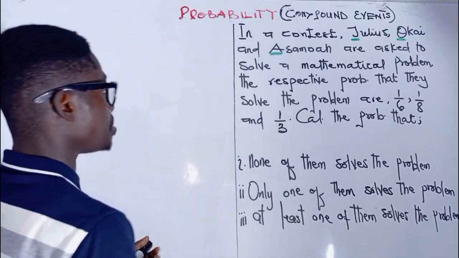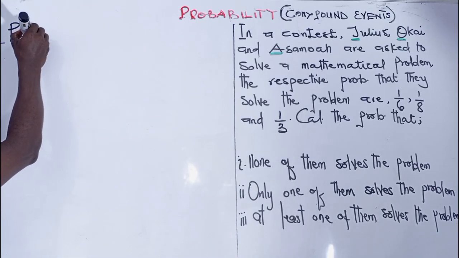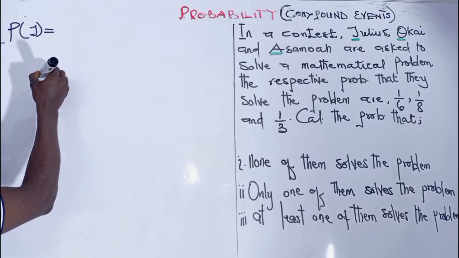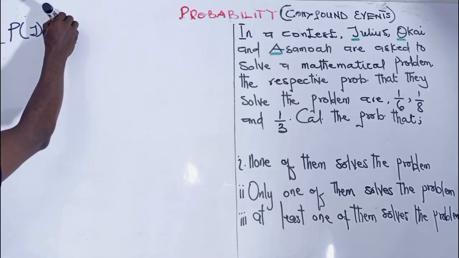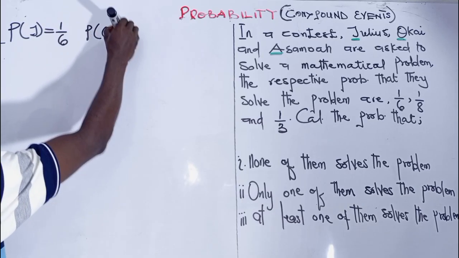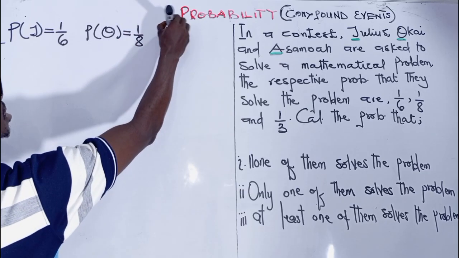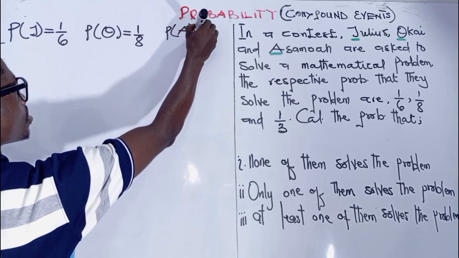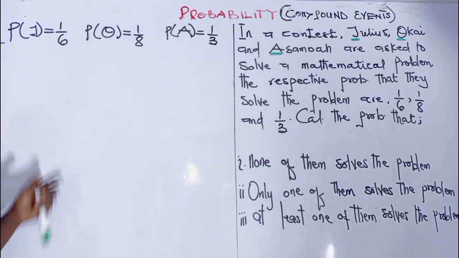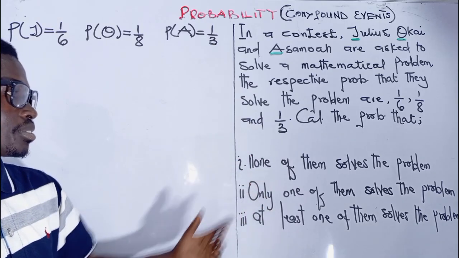So we can say that the probability that Julius solves the problem is 1 out of 6, the probability that Okai also solves the problem is 1 over 8, and the probability that Asamoah also solves the problem is 1 out of 3. Now once you know their respective probabilities, you can proceed to solve all of these events. So let's start with the first one.